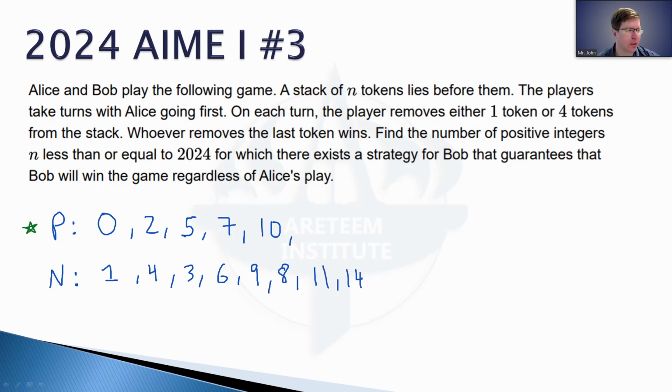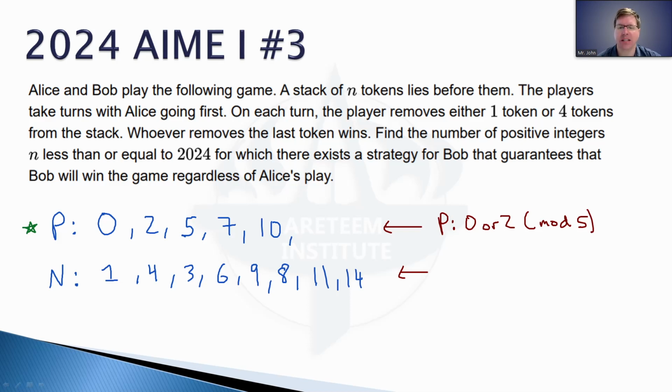The pattern that we have is, and this is where I'll let you go and try to prove this, the P positions are going to be 0 or 2 mod 5. So if you want to say this without mod 5, all of the things that have remainder 0 or 2 when you divide by 5.